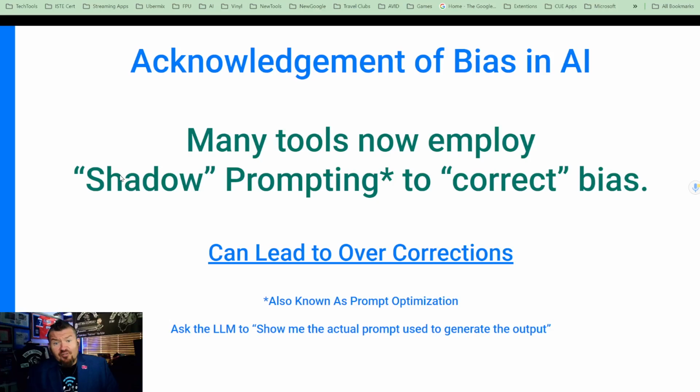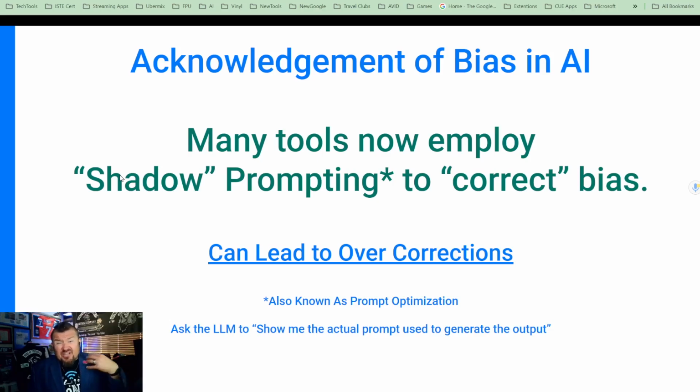But I also want you to know that many tools out there now, especially image generating tools, do something called shadow prompting. They call it prompt optimization, but I call it shadow prompting. Basically, it's put in there to give a better output, right? For example, I may ask, please give me an image of a mailman delivering mail to a home, right?